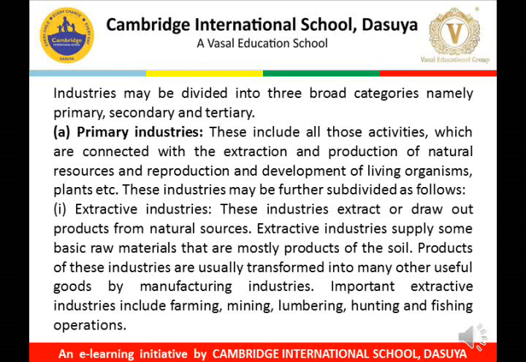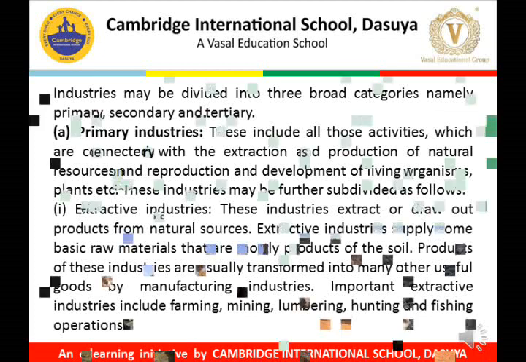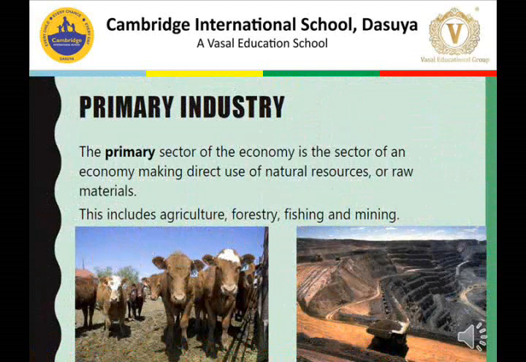Important extractive industries include farming, mining, lumbering, hunting and fishing operations. These are a few examples of primary industries.